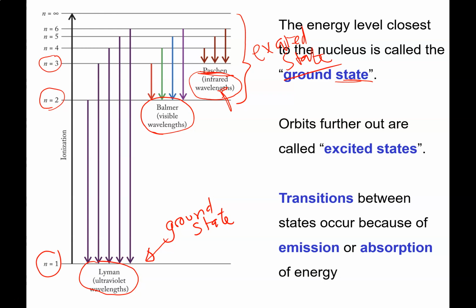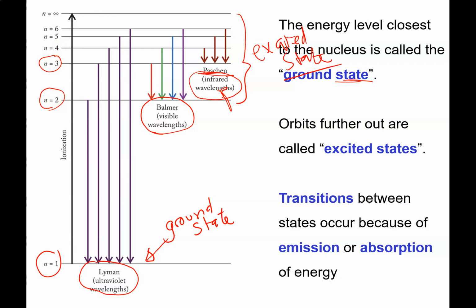The other thing to note here is that as we go up in energy, the states get closer and closer together. So the biggest gap between levels is between n equals 1 and n equals 2, then n equals 2 to n equals 3 is a smaller spacing, and n equals 3 to n equals 4 is smaller again, and so on.